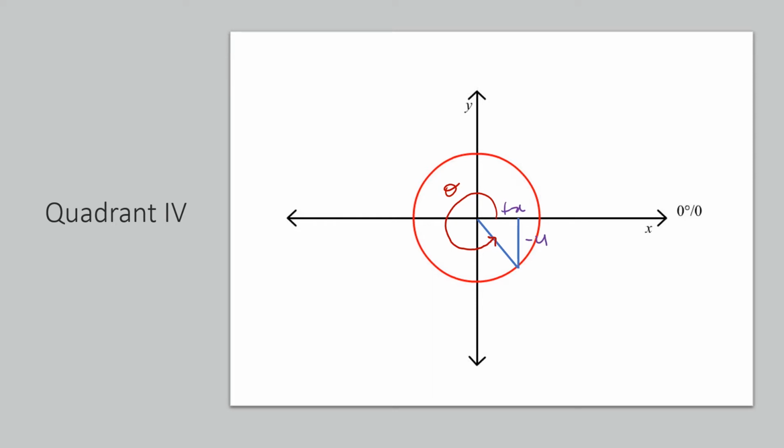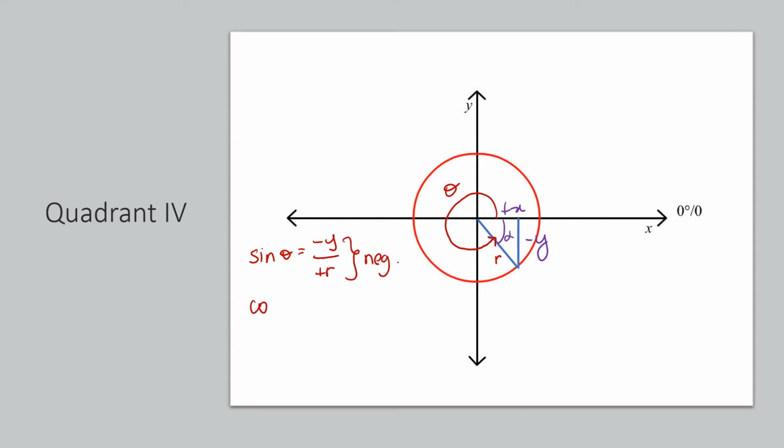The x value is positive and the y value, however, is negative. So we start with sine theta, and remember our radius is positive r, so sine theta will be our negative y divided by positive r. So this makes sine negative.